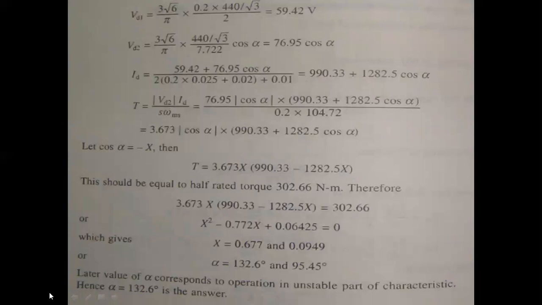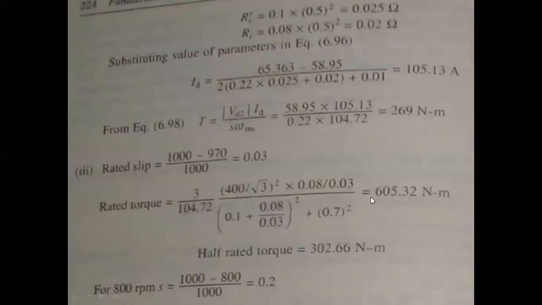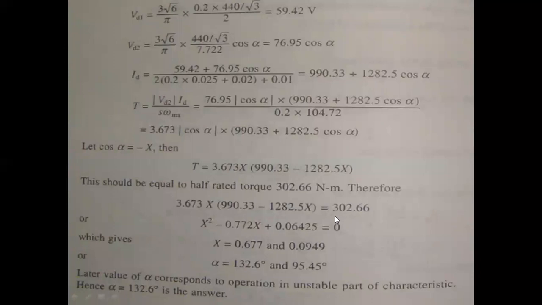We have obtained 302, half of the rated torque. We have to take only half of the rated torque as given in the problem, third bit. So that is equal to 302. So it becomes a second degree equation: 3.673 into 990.33x becomes this one, 0.772x. And here it will actually become plus 0.772x.